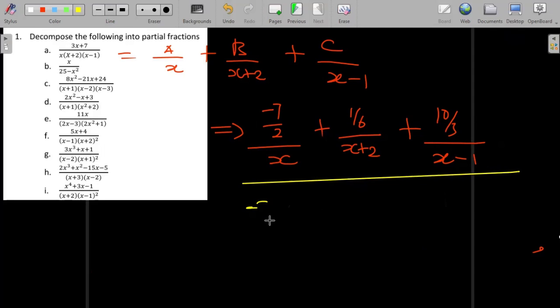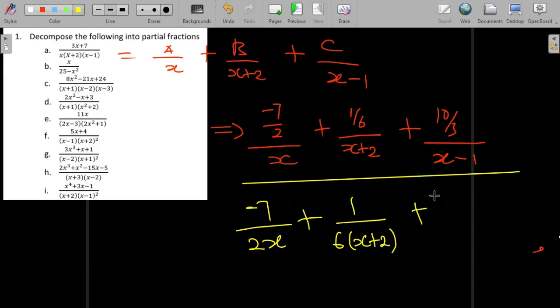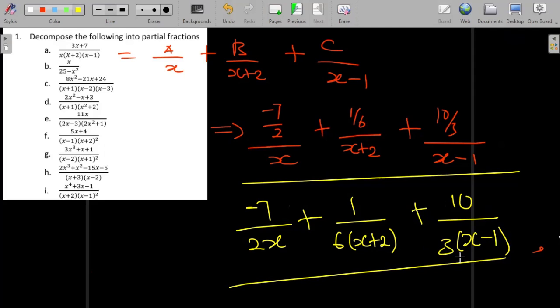So I'm going to have minus 7 over 2x. Plus this one, I'll multiply both the numerator and the denominator by 6, so I have 1 over 6 times x plus 2. And then plus this one, I'll multiply both the numerator and the denominator by 3, and I'll have 10 over 3x minus 1. So this one here is the decomposed partial fractions for what we have on the first one there.